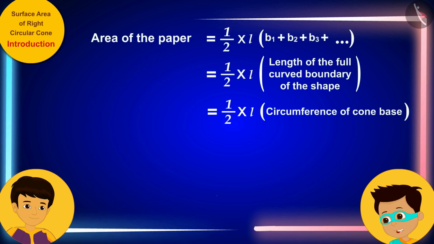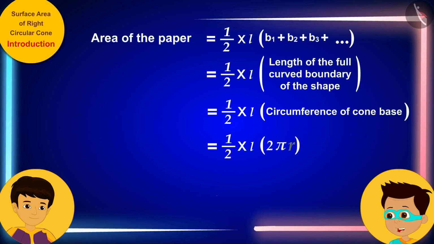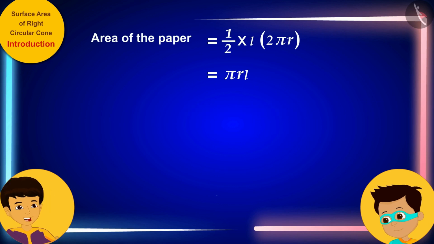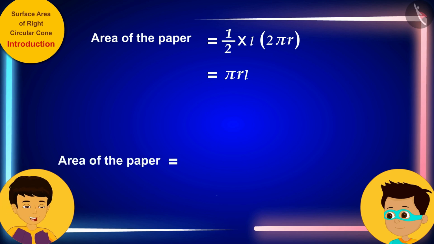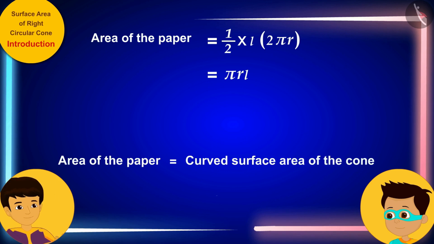And as we know, the circumference of this base will be 2 pi r, where r is the radius of the base. Oh wow, Thomas! The area of the paper is equal to the curved surface area of the cone.